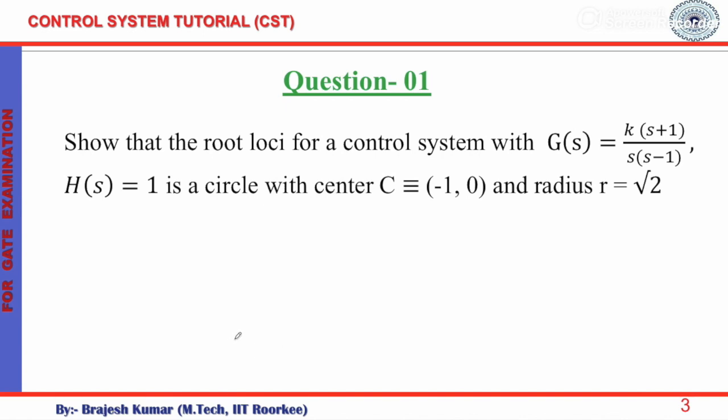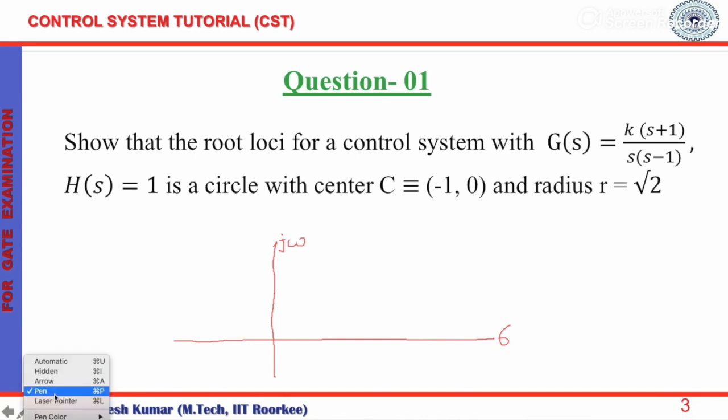First, let us understand what this question means. Here we have our sigma axis, the horizontal one, and this is our j omega axis, the vertical one. The question says to prove that the root locus for the given system is a circle with center -1, 0.